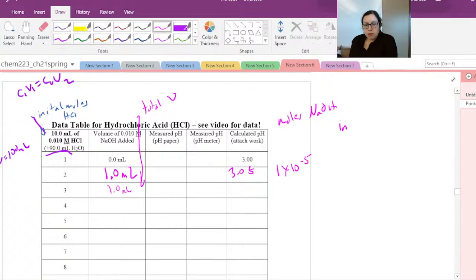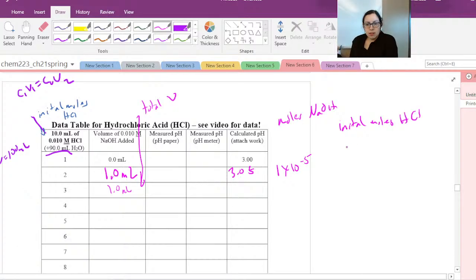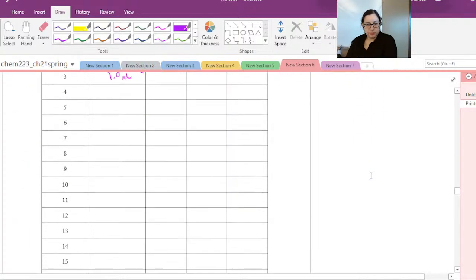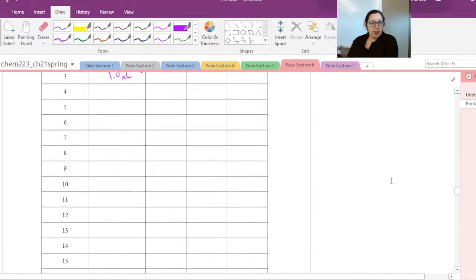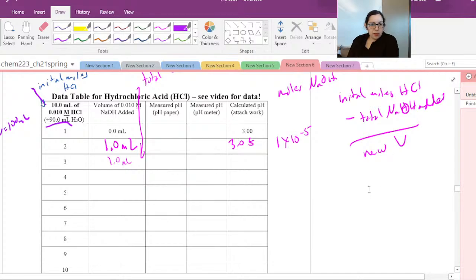So again, right, you just have your initial moles of HCl, do your reaction by how much total NaOH added, and then obviously new volume. That gives you molarity.